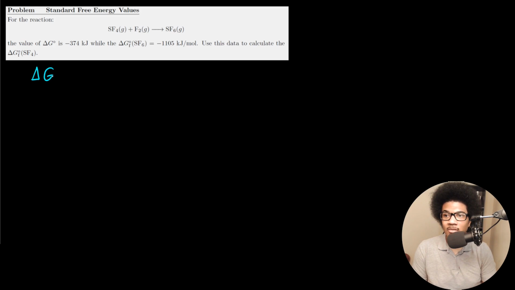So delta G for your reaction is going to be equal to the sum of the number of moles of the products times the free energy of formation for the products, minus the sum of the number of moles of reactants times the free energy of formation for the reactants.